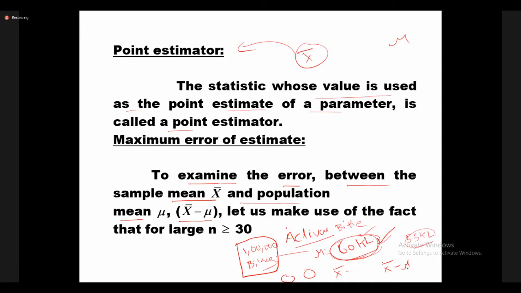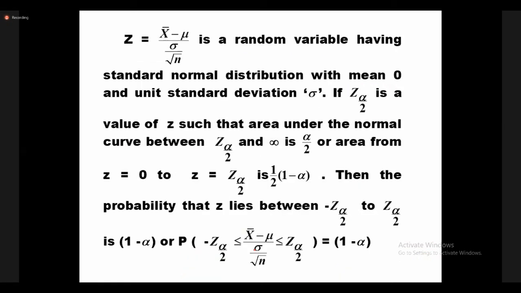Somebody got 55 when they purchased the bike, so there is some difference. Somebody may get more than 60, like 61 or 62. Exactly we won't get that value. Sometimes you can get error. The error is denoted by x bar minus mu. That is the error for large samples.